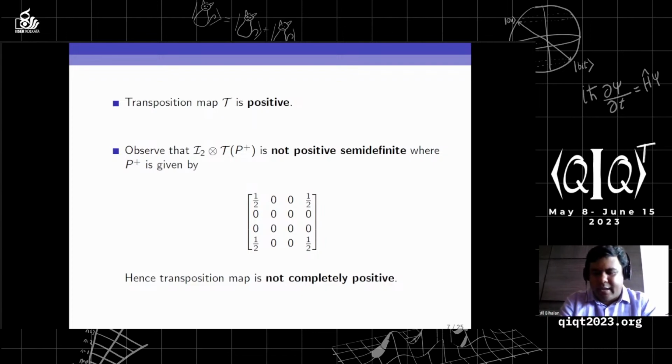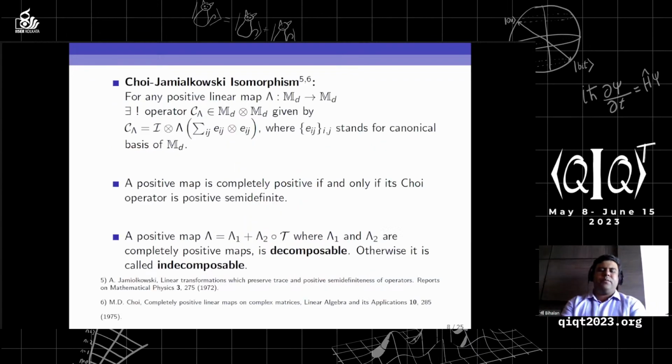So this is one example of a positive but not completely positive map, which is actually essential to detect bipartite entanglement. Okay, so one other important thing is the Choi-Jamiolkowski isomorphism. In this regard, given any linear map from M_D to M_D, there always exists a unique operator in the tensored algebra given by this prescription. You see that this is a prescription of how to find this operator. We call it the isomorphic image. The E_i, E_j are the standard canonical basis of M_D.